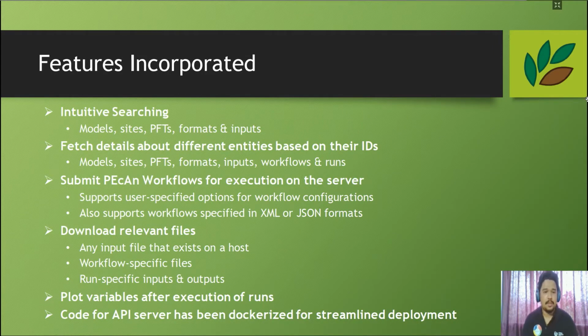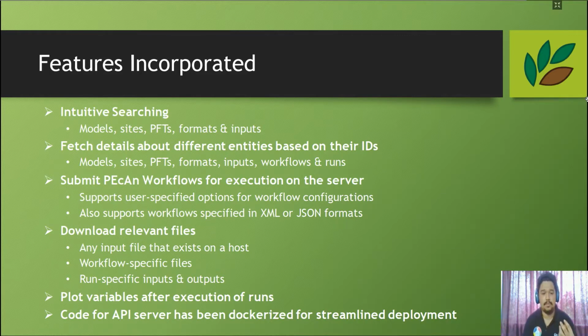The features that we try to incorporate into this API and library are as follows. We try to enable a very intuitive form of searching, since PEcAn involves a lot of models, sites, PFTs, inputs, formats, and a lot more.